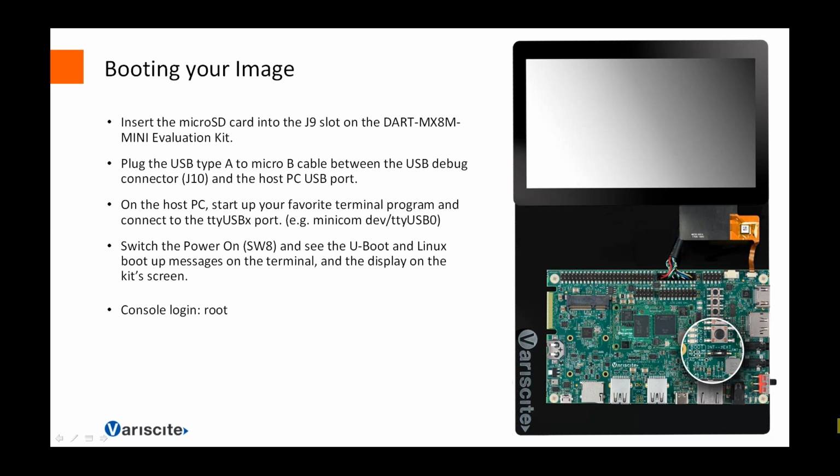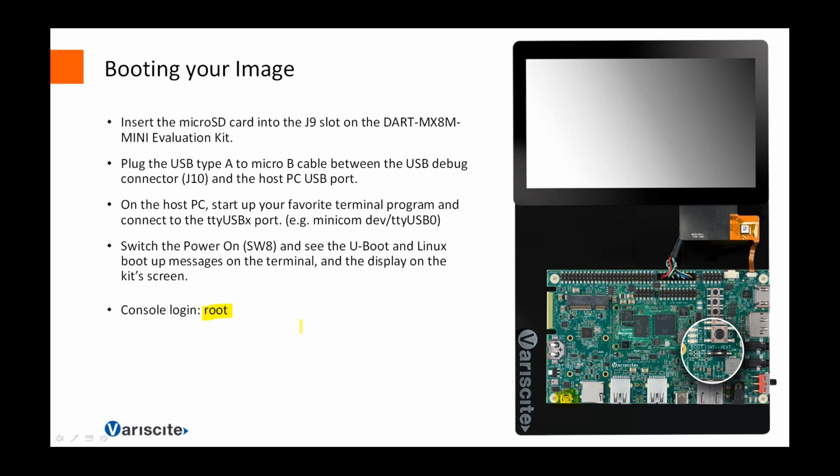And okay, by default, our console will be accessible by the debug UART here. It's actually a micro USB to UART converter, and we just have a single user, root, that you can use to access and check everything from the console.